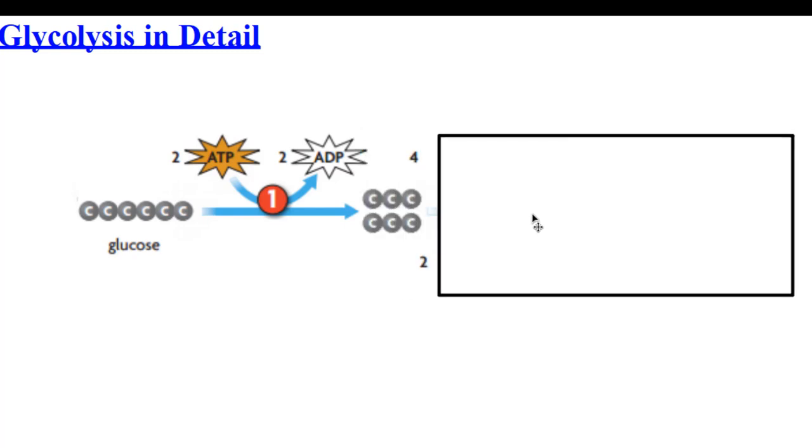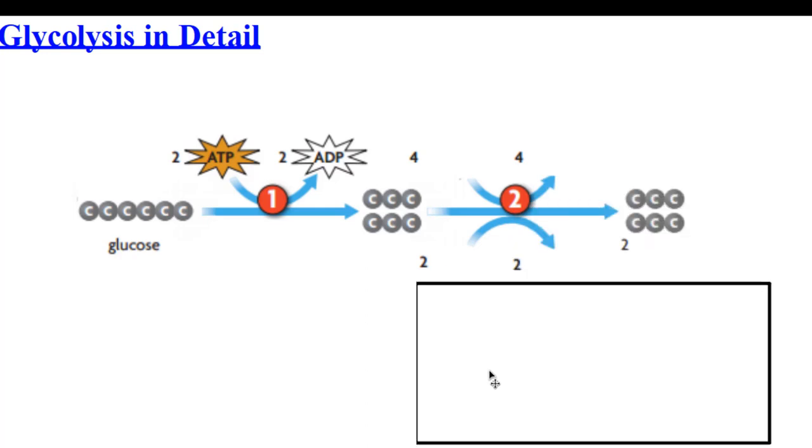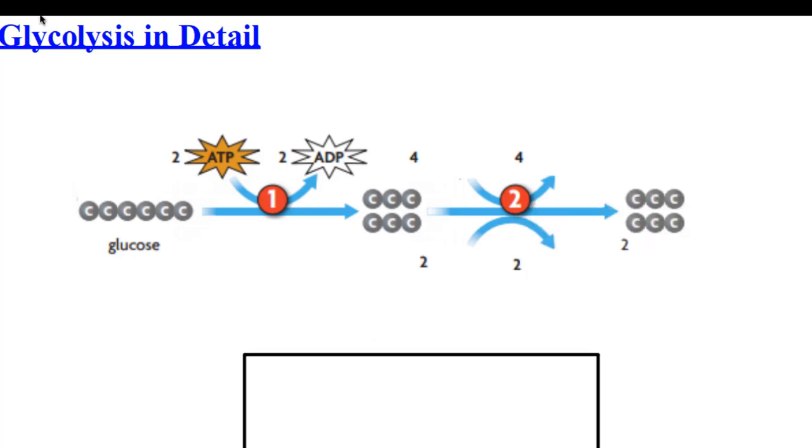You can see there's something else happening on the other side. My two 3-carbon molecules, well, I have 4 molecules of ADP coming in, and we have 2 molecules of NAD+. Not NADP, NAD+.